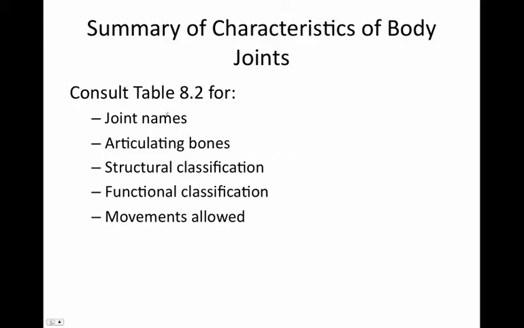There's a table in the book, 8.2, that has a good summary with all of these joint names, articulating bones, structural classification, functional classification, and movements allowed. We want to get comfortable with that because it's going to come into play when we get into muscles.